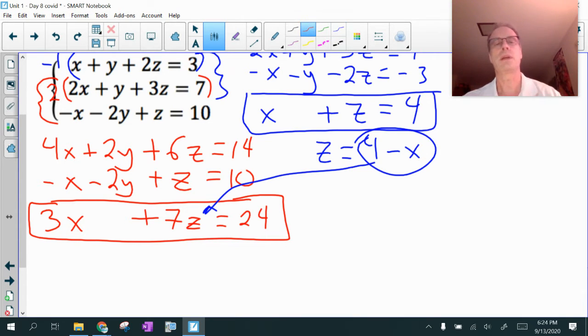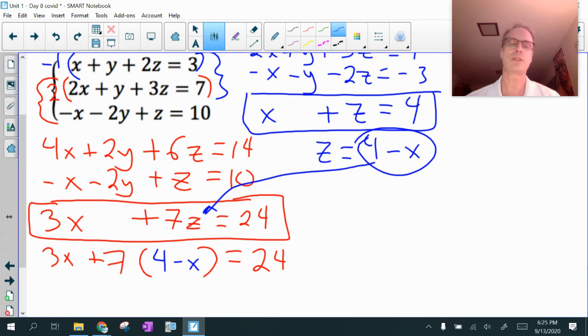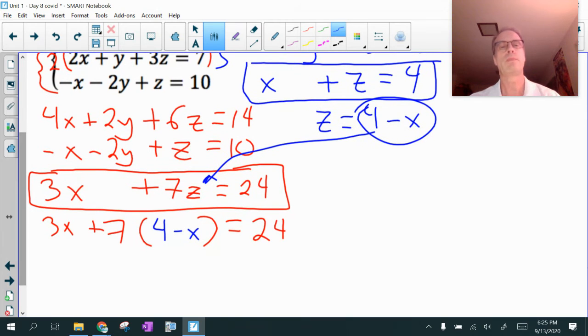So I'm now looking at 3x plus 7, but instead of putting the z there, I'm just going to put the 4 minus x that I solved for there.